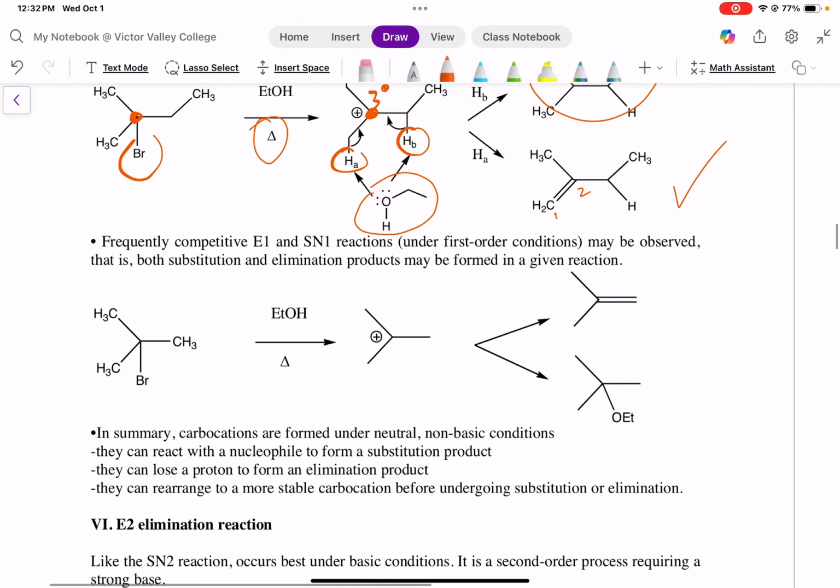Now, eliminations are also, of course, competed by the substitutions. So we get the elimination product, that's the E1 product. We also get the SN1 product, and the bottom one is the SN1.